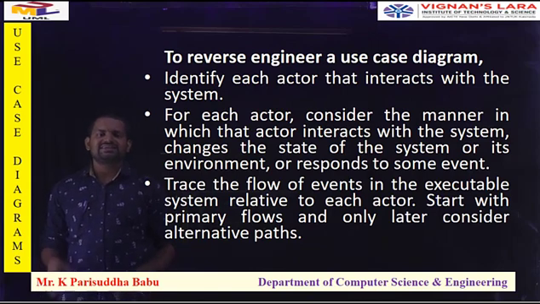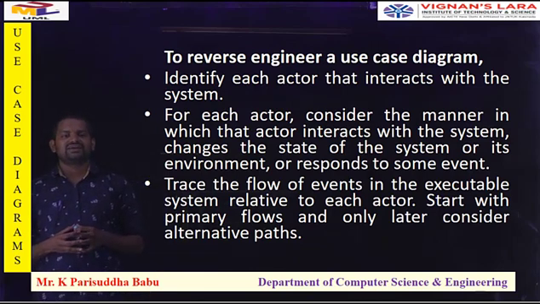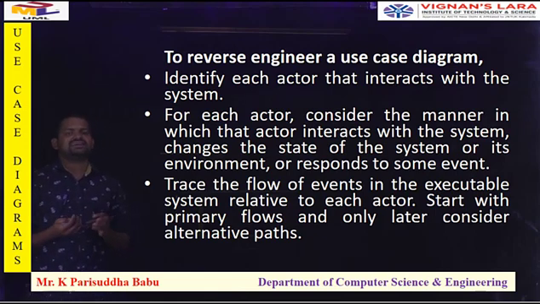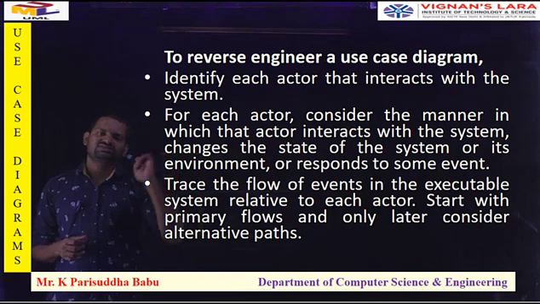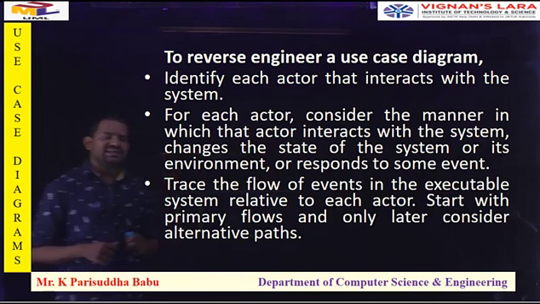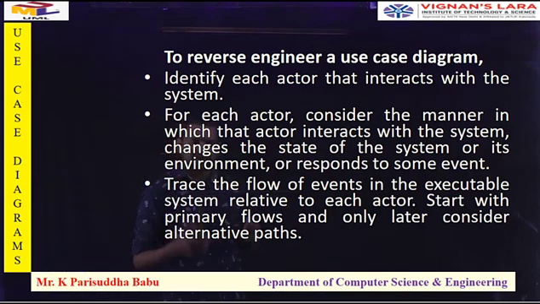In reverse engineering a use case diagram, identify each actor that interacts with the system. For each actor, consider the manner in which the actor interacts with the system, changes the state of the system and its environment, and responds to events.